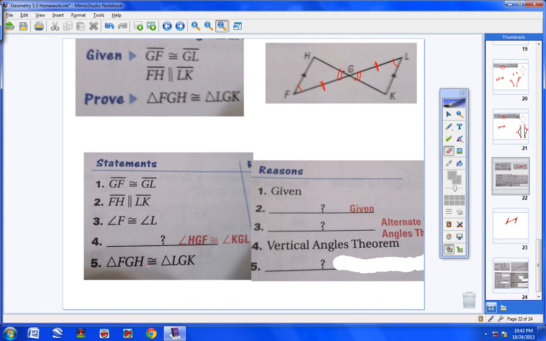And now look, now we have stated triangle FGH is congruent to triangle LGK. Now how did I know that? What is my reason for saying that? Well look guys, we have angle, side, angle, congruent to angle, side, angle in another triangle. So the answer is very simply angle, side, angle. Alright, ASA. That's it.